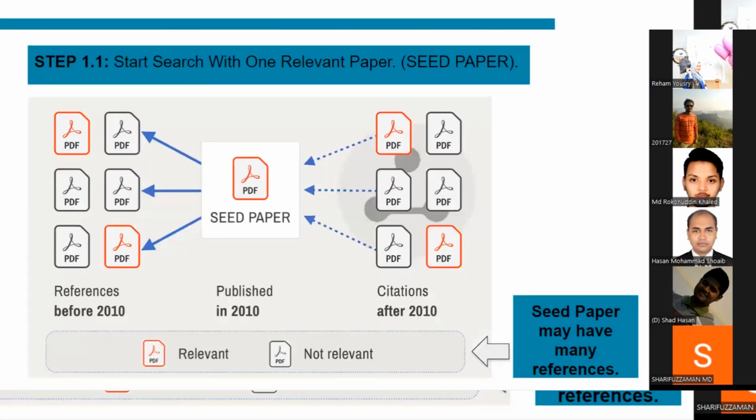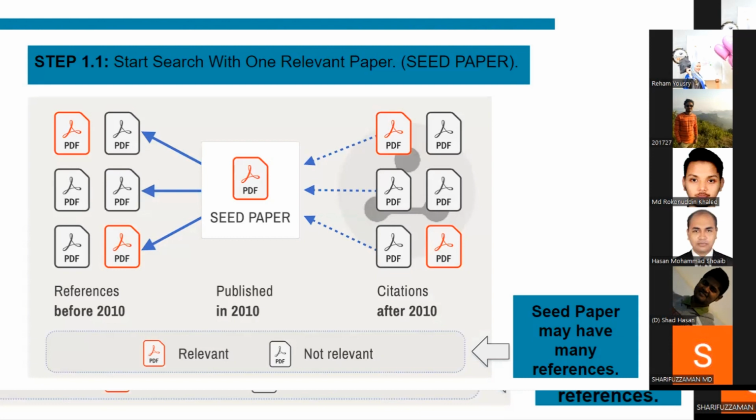For example, I will explain from this diagram. You have one main paper, which is called a seed paper. What happens? You start reading the seed paper with SciSpace, you get the relevant information down, and you extract more information based on this first paper, which is known as a seed paper.